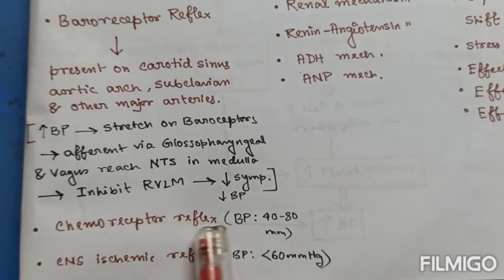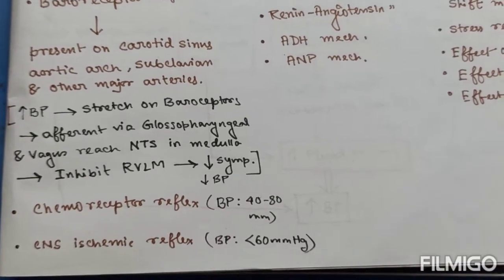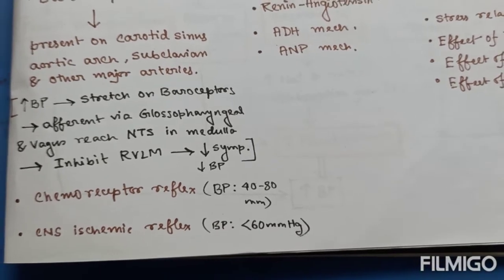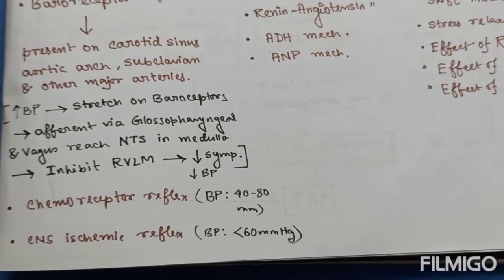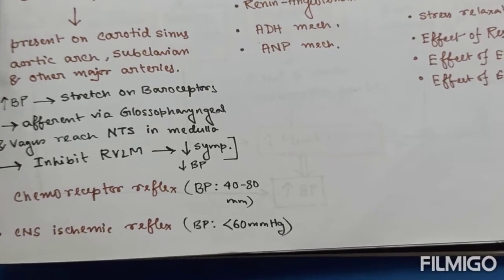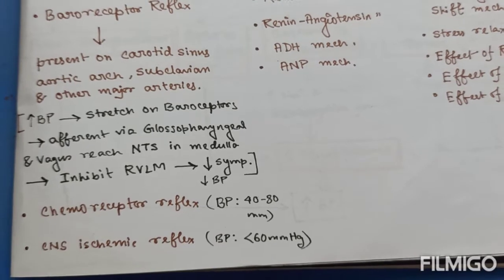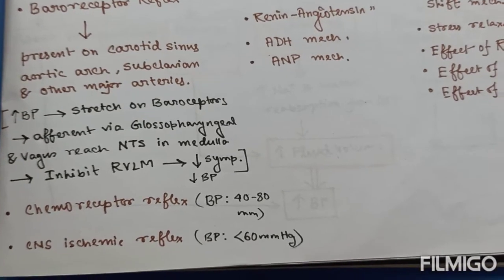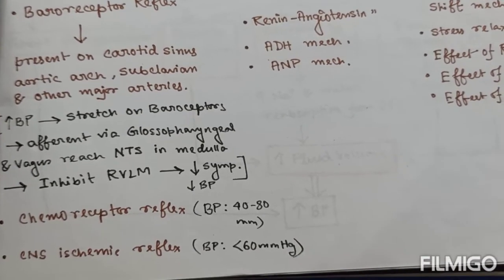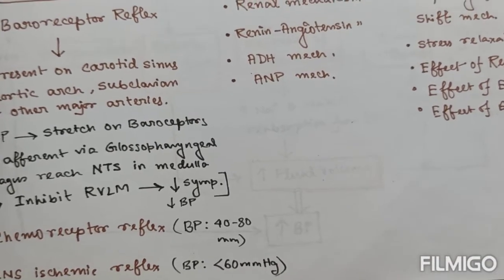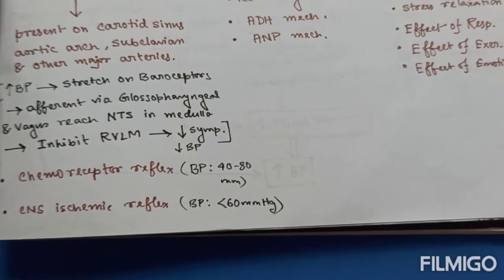And there is also the chemoreceptor reflex. It is activated only when the blood pressure is 40 to 80. So it doesn't usually act in normal changes of blood pressure. And the CNS ischemic reflex will also get activated at very low pressure, that is less than 60 mm of Hg.